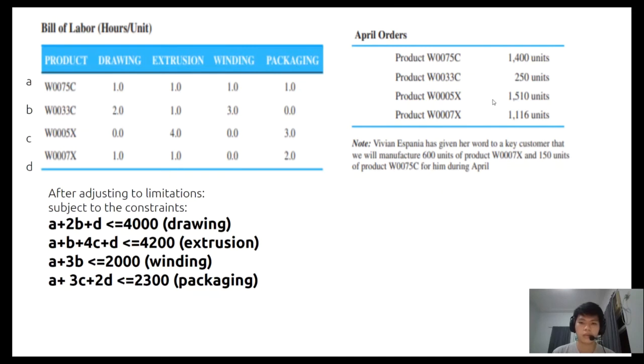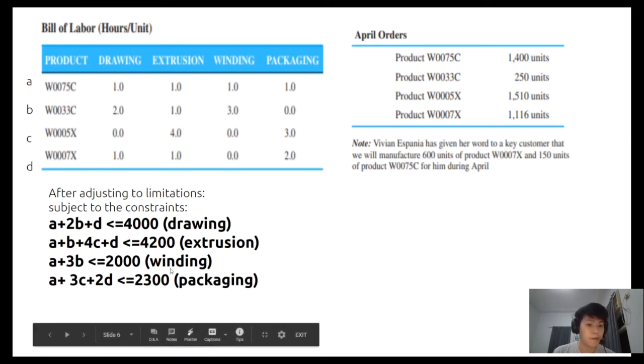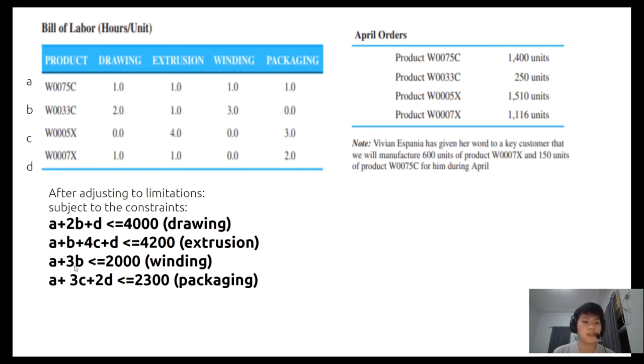For extrusion, we have all 4 products and 4 R's for product C. And for winding, we have 2 products only, product A and B, with 3 R's for product B.